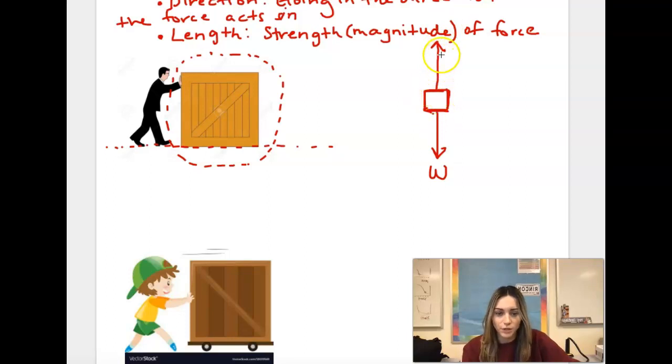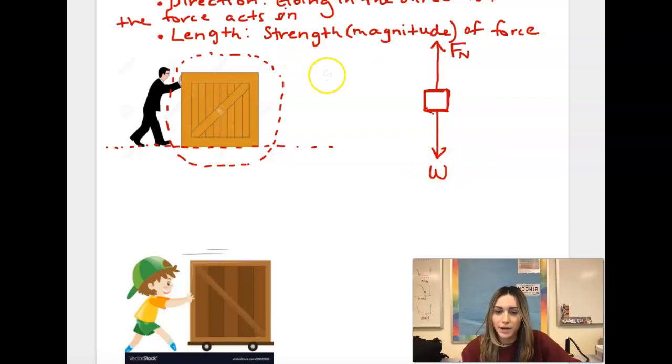First, I want to make sure that my arrow is pointing in the right direction. Another is the length of my arrow. The fact that this box is sitting nicely on the floor tells me that these forces must be equal, or balanced. It's not being pushed up off the floor and it's not falling through the floor. So that tells me that the normal force is exactly equal to the weight, or the force of gravity.